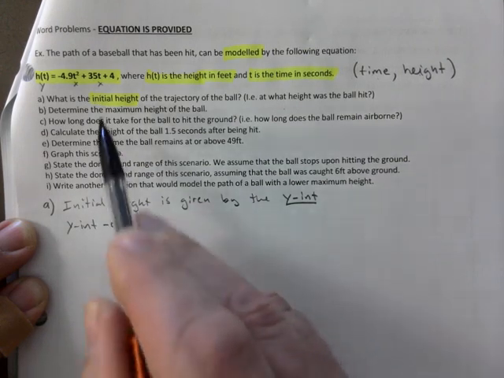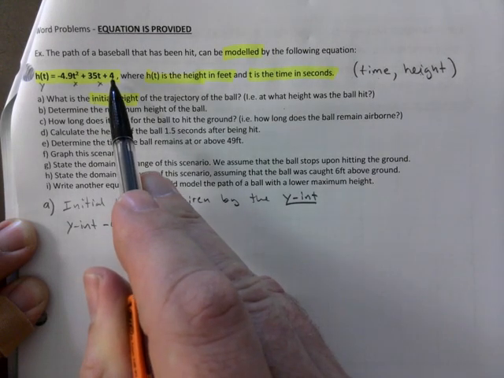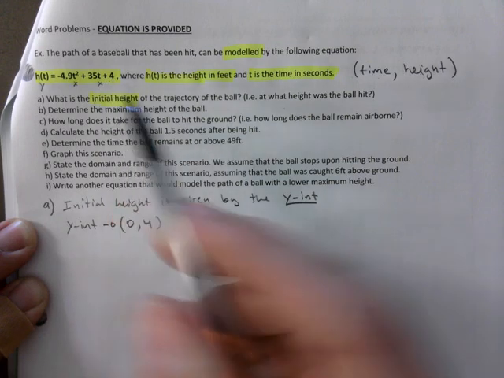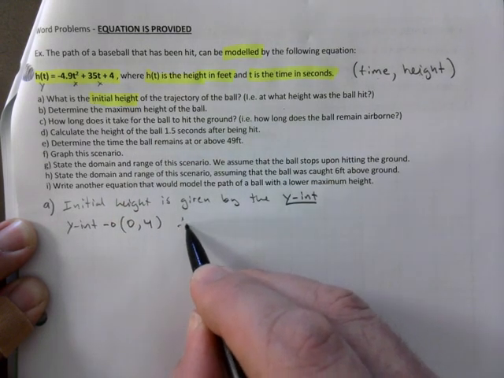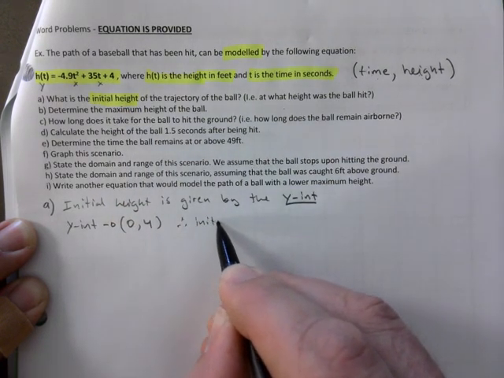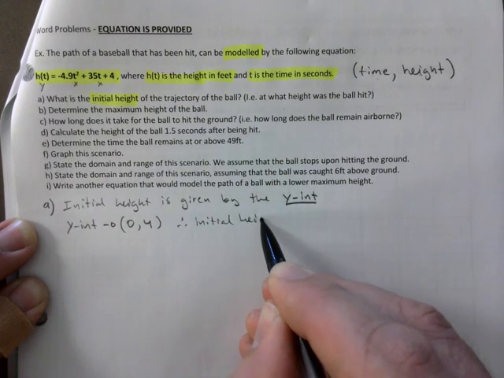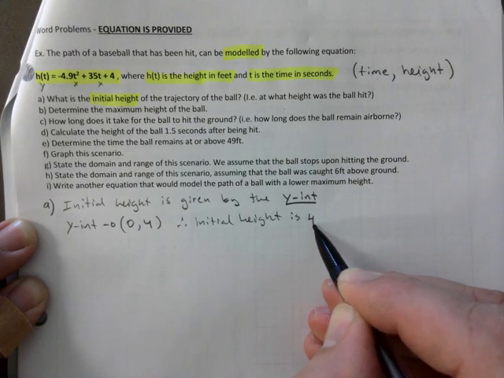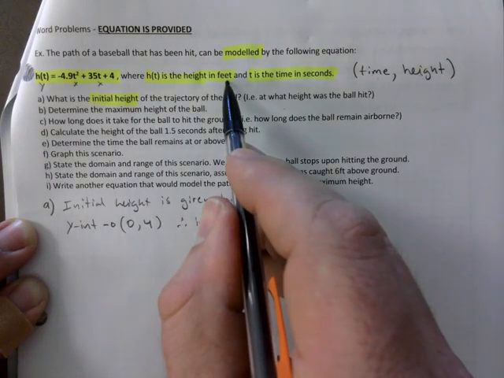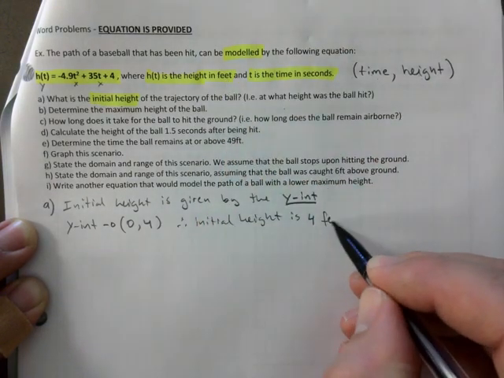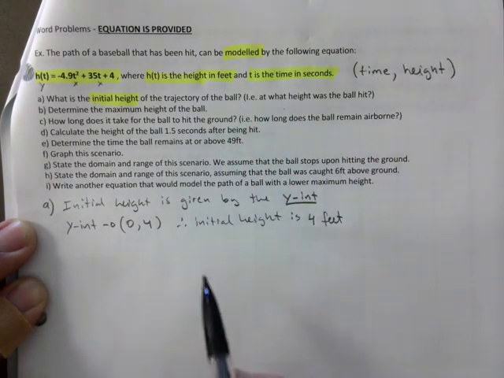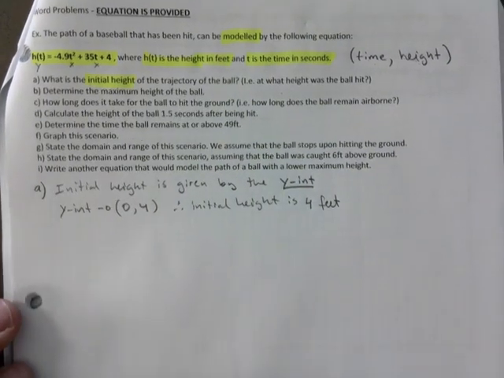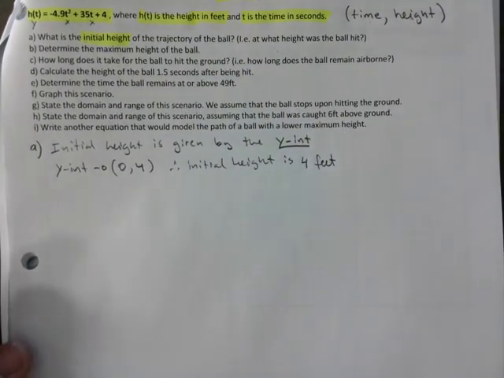We know that it's at 4 here. Therefore, initial height is, and it's a word problem, so don't just say 4. 4 what? What is it measured? What's height measured in? Feet in this case. That's it. Nice and easy.